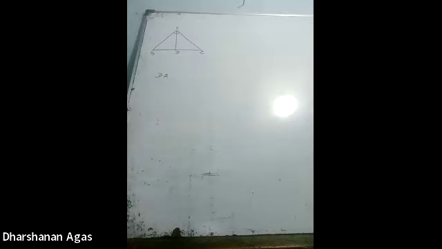Alright, angle BAC is bisected by DA. Better to write like that. In triangle ABC, angle BAC is bisected by DA.